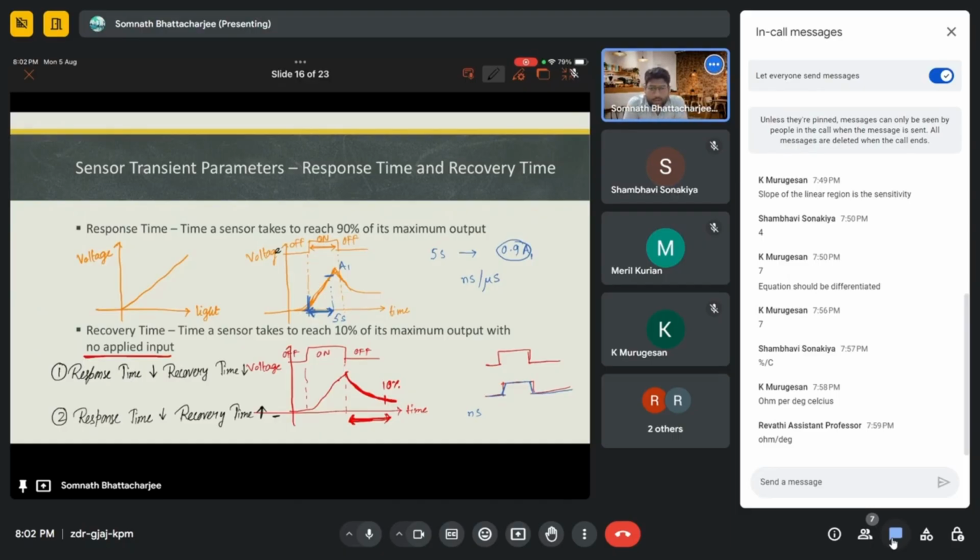Any examples of that? Give me an example of the first one.